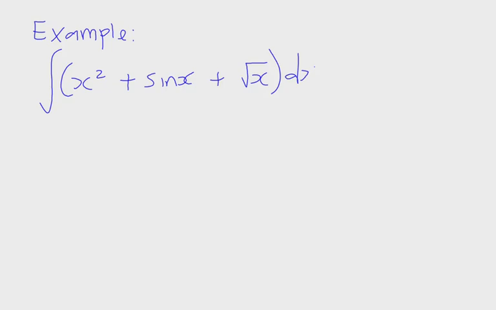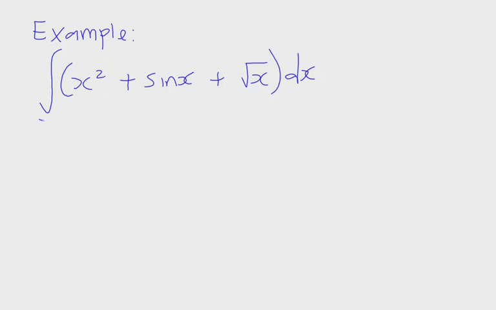Let's assume we have the integral of x squared plus sine x plus square root of x dx. These are 3 functions of x. This is the first one, this is the second one, this is the third one. They are all functions of x.